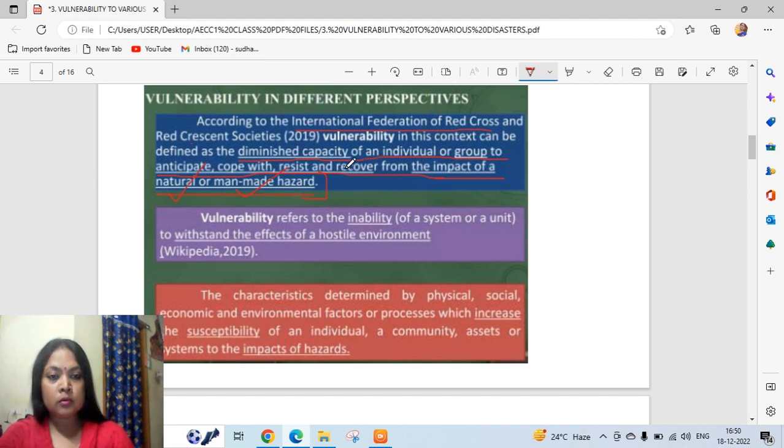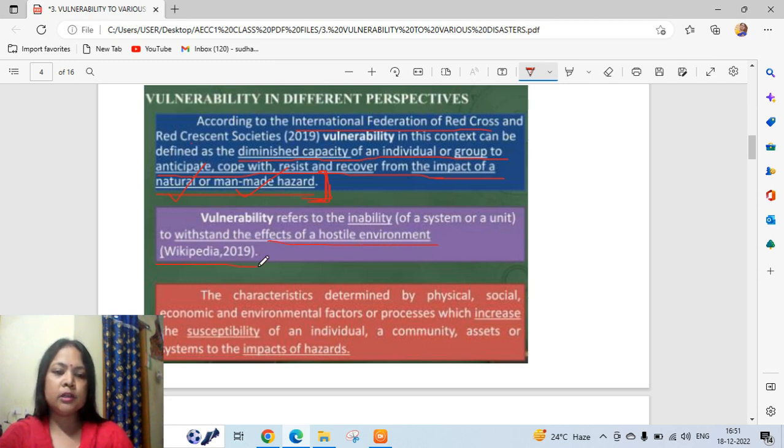So if one person or any organization or anything is vulnerable to a hazard, it means its capacity to resist and recover from a hazard will be lowered, diminished or finished. Vulnerability refers to the inability of a system or a unit to withstand the effect of a hostile environment.